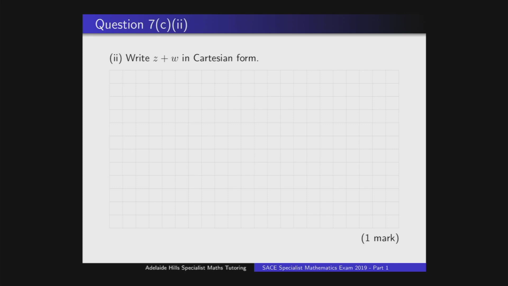Okay, so question 7, part C, part 2, we want to write z plus w in Cartesian form. We can do that just by looking at the Cartesian forms for z and w independently and adding them together. So z is just i, and for w, remember, we've got square root of 2 over 2 plus square root of 2 over 2 i.